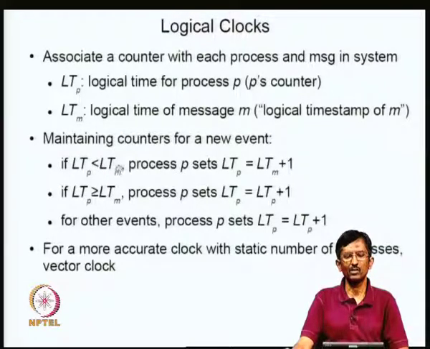Because it just received a message, if it turns out my current notion of time is smaller than the time as seen by the message that I just received, then I tell myself anything that I do in the future has to be later than the message that I got. Therefore, my current time is going to be the timestamp of this message plus 1. Okay, that is what it is. Basically, I am updating my notion of clock.